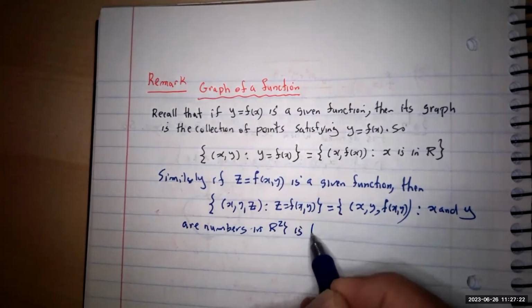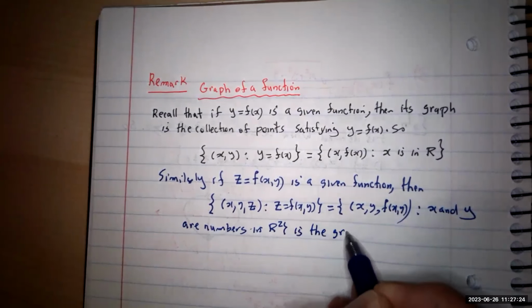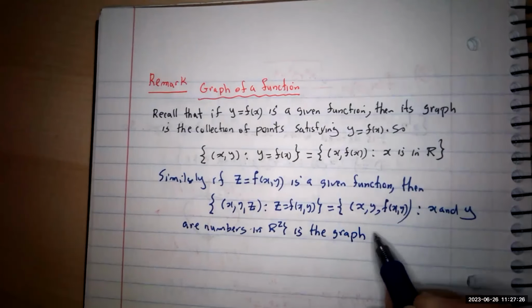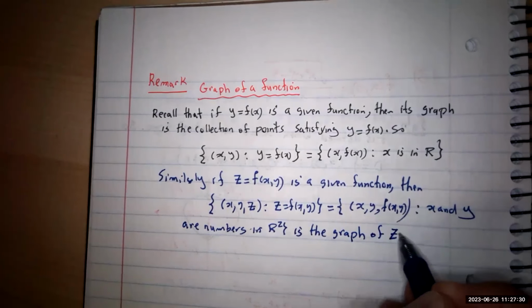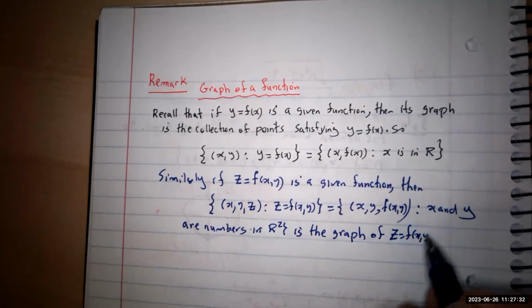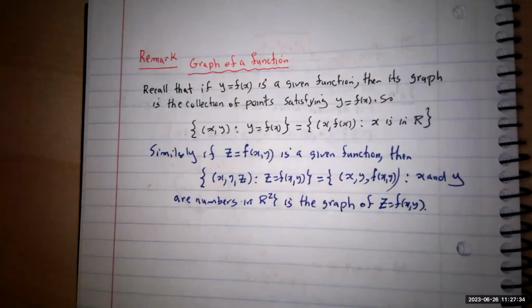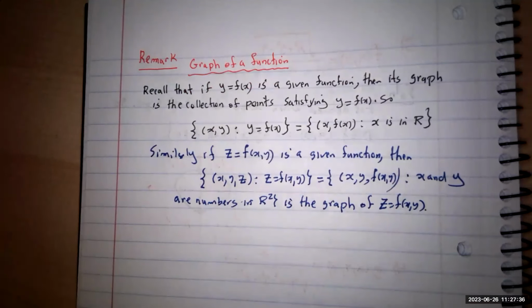This is going to be the graph of the function z equal to f of x, y. So basically it's a collection of points that satisfy the given equation.